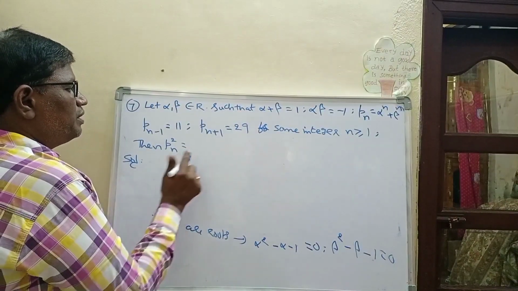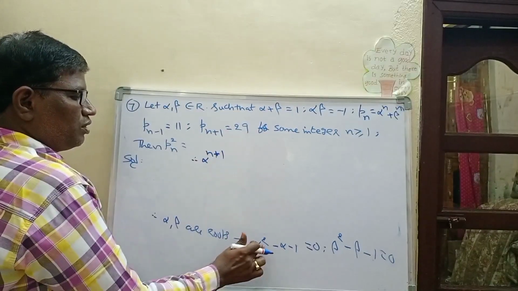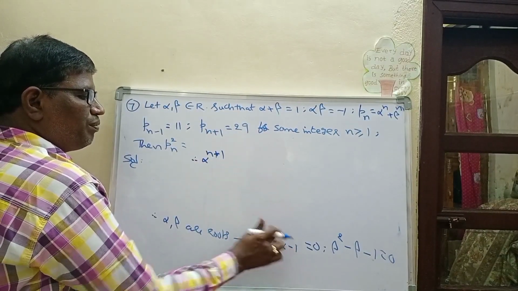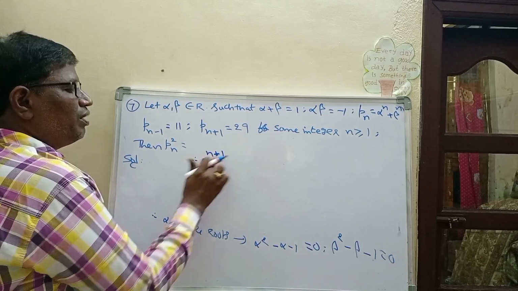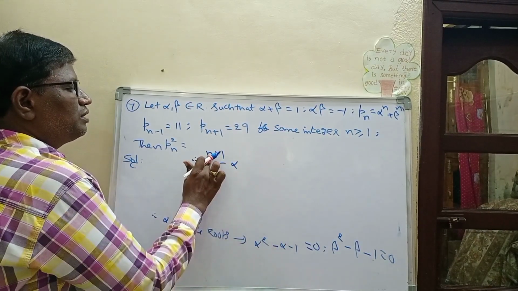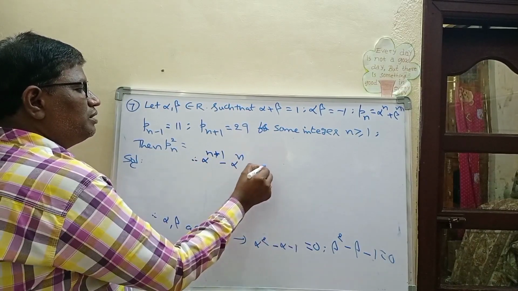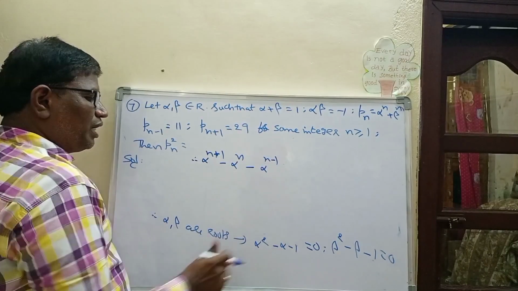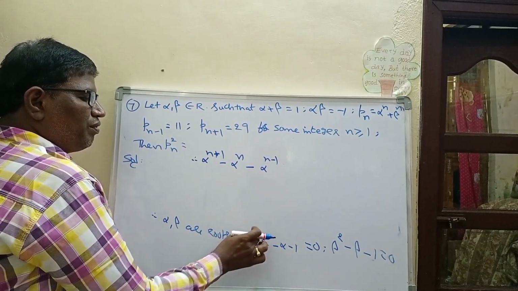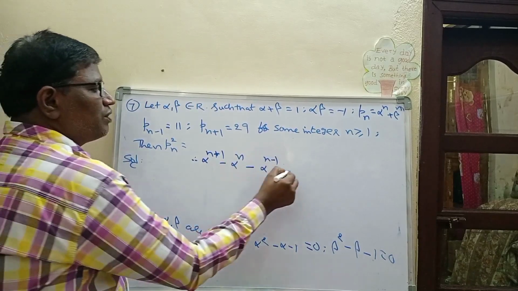Generalize, that means multiply by alpha power n minus 1: alpha power n plus 1 minus alpha power n minus alpha power n minus 1 is 0.